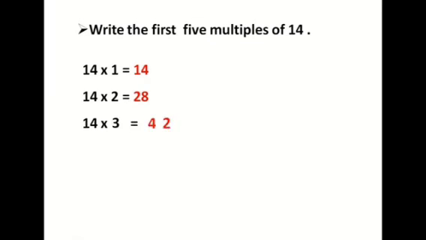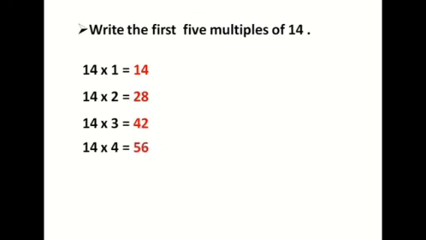Write down this sum. Write the first 5 multiples of 14. It is the first 5 multiples, so you have to start from 14 ones are 14. Next, 14 twos are 28. Next, 14 threes are 42.